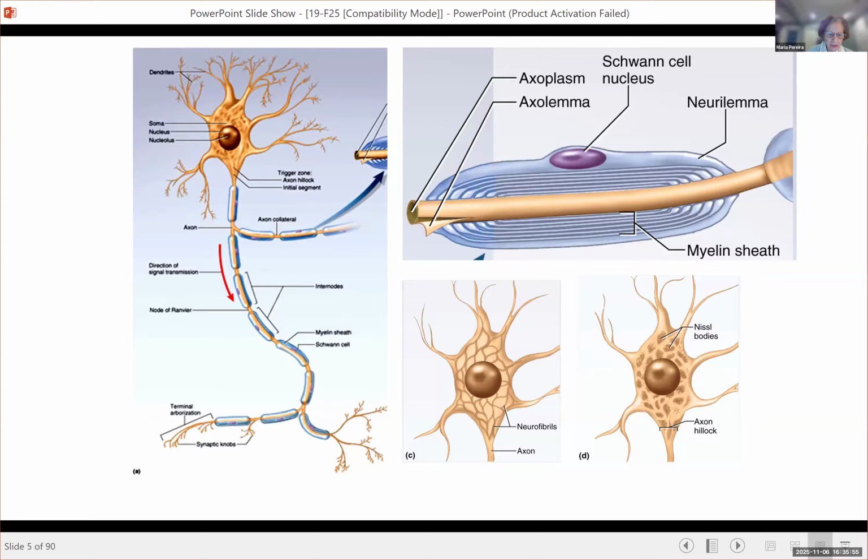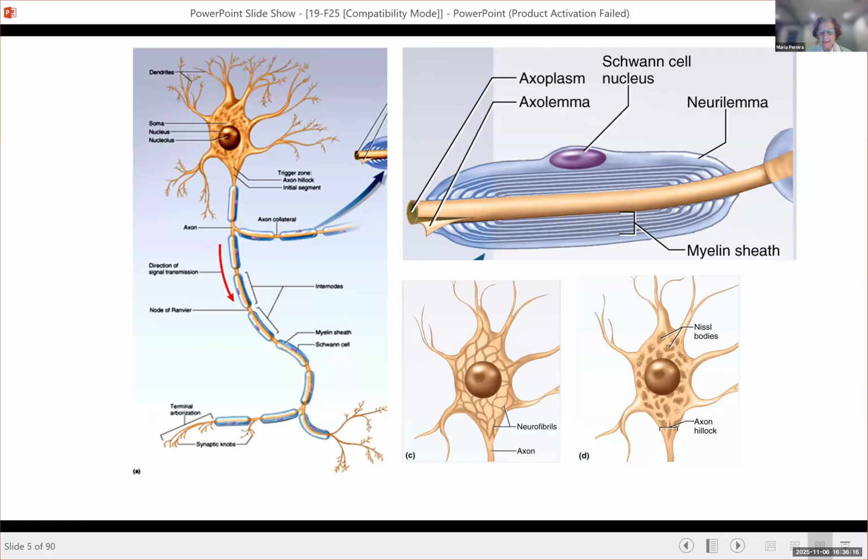So here what is interesting is that each of these areas that are covered with the blue, this is a cell. It's a myelinating cell. It's known as a Schwann cell. You see here, this is a Schwann cell that is enveloping the axon of the neuron. And you see here the nucleus of the cell.